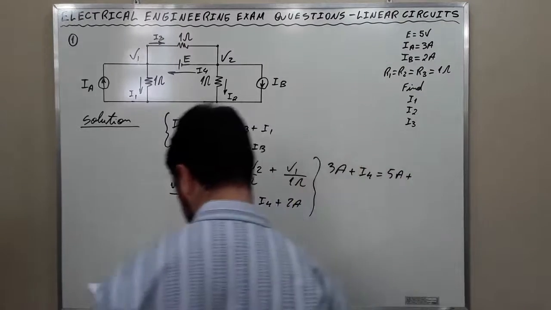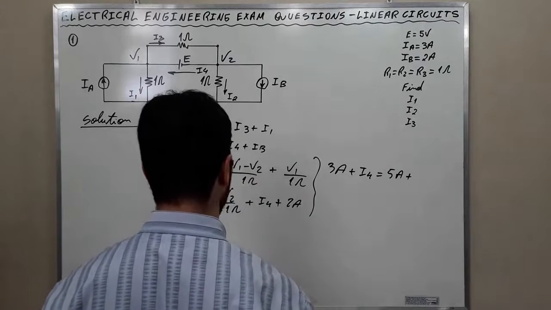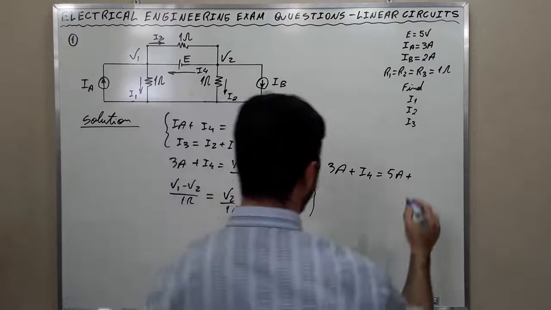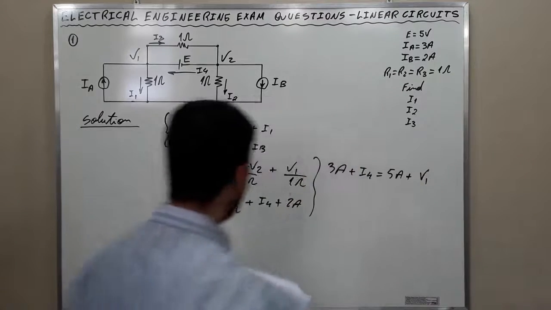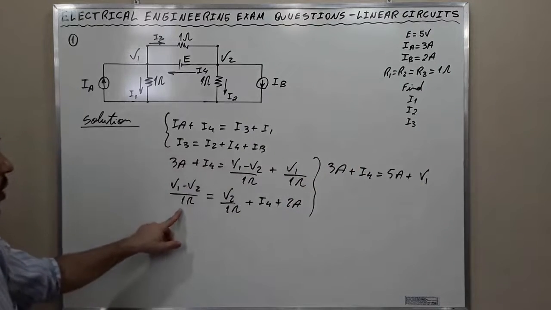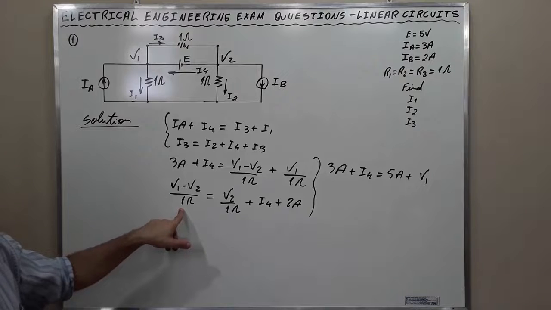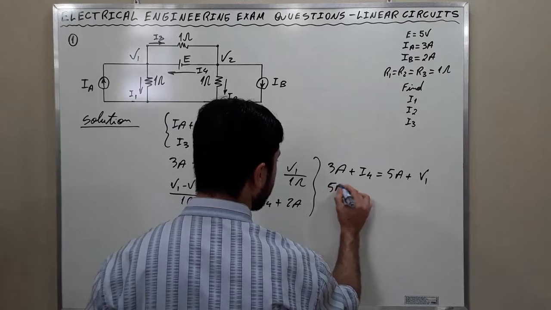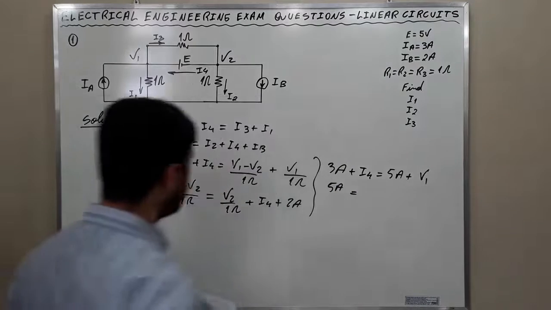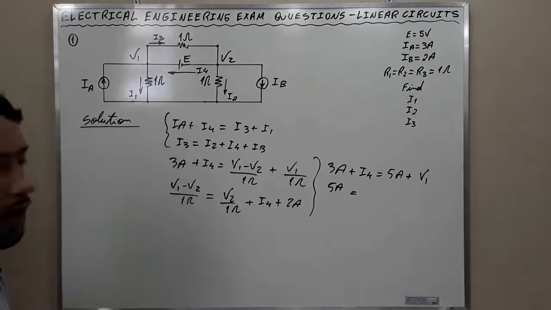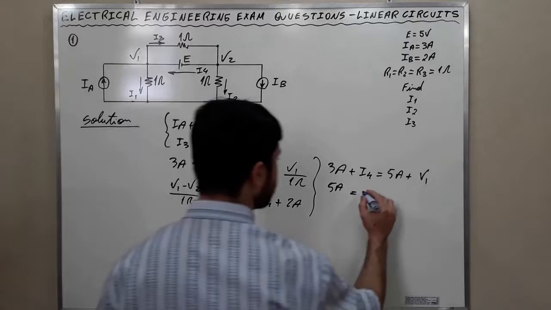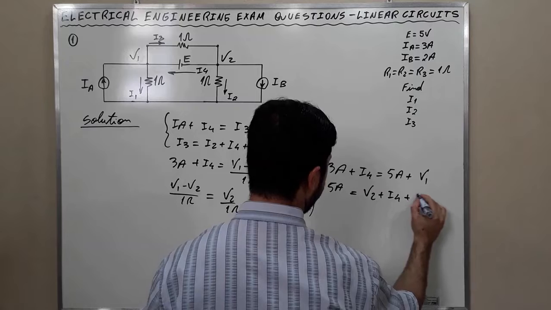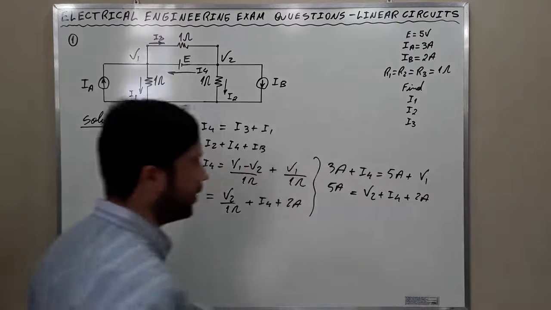Plus V1 divided by 1 ohm is simply V1. And for the second equation, we know already that this is 5, equal to V2 divided by 1 is simply V2, plus I4 plus 2 amperes. Okay?